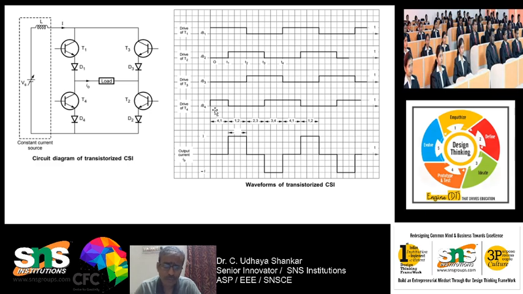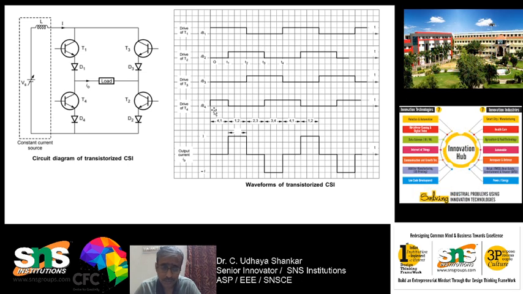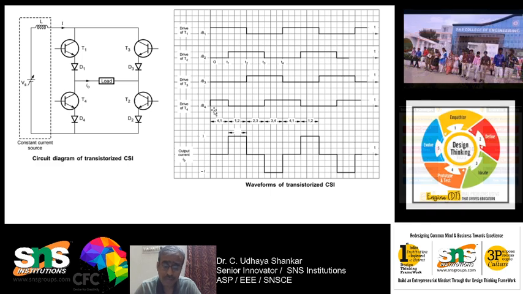And what is the use of these diodes? The diodes are used to block the reverse voltages which will appear across the transistors. For example, if I don't connect this diode, then there will be a heavy reverse voltage appearing across this transistor, and because of this the transistor may get damaged, and you would have to replace it quite often. So in order to avoid that, we are using these diodes in series, whereas in case of VSI we use them in parallel. Okay, so you just understand.